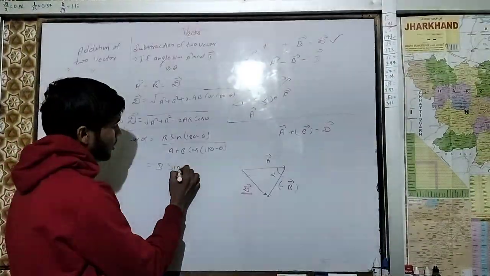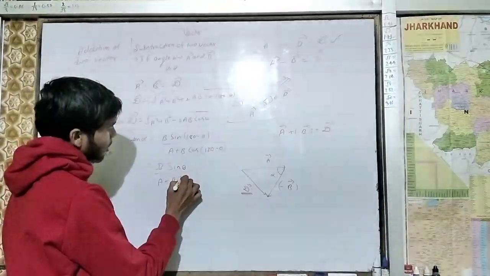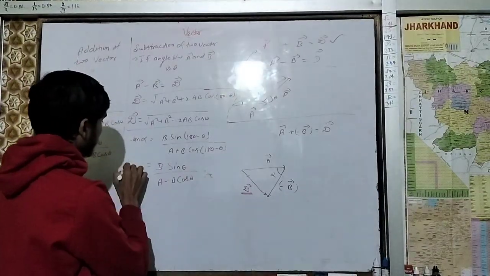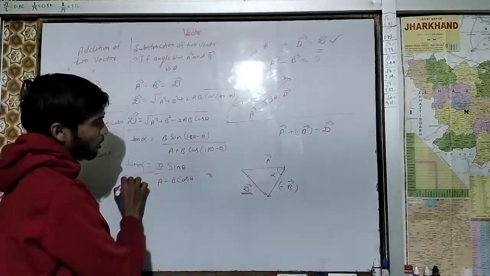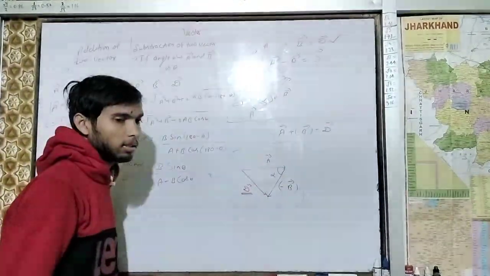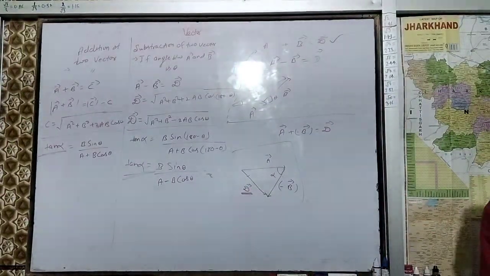That's why this will be as it is, sine theta upon a minus b cos theta. This formula will be used when we have that kind of figure.